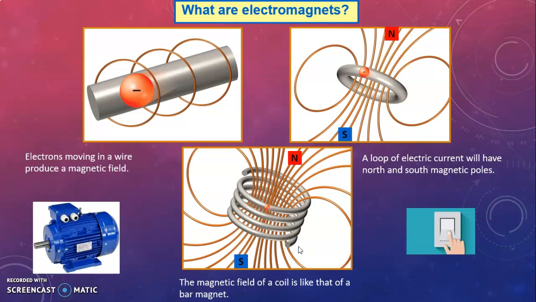And at the end, you're going to do this drawing. The magnetic field of a coil is like that of a bar magnet. El campo magnético de una coil, bobina, is like that of a bar magnet. Es como un imán de barra.